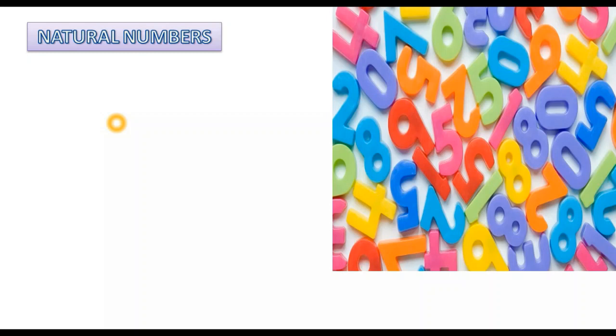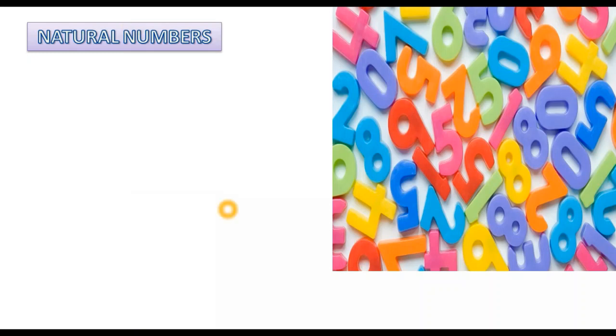Have you ever counted anything like 1 by 2, 3 by 4, 4 by 5, 5 by 4? Have you counted ever like this? No, we generally count like 1, 2, 3, 4 because that comes naturally to us. So, these numbers which have come very naturally to us are called natural numbers.